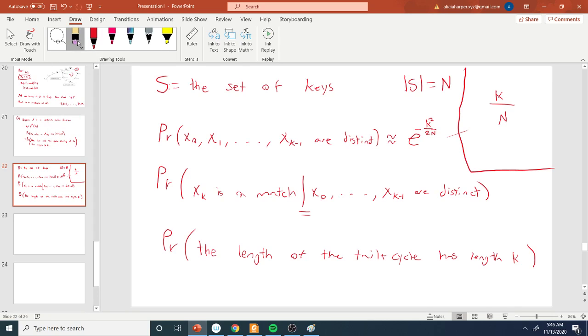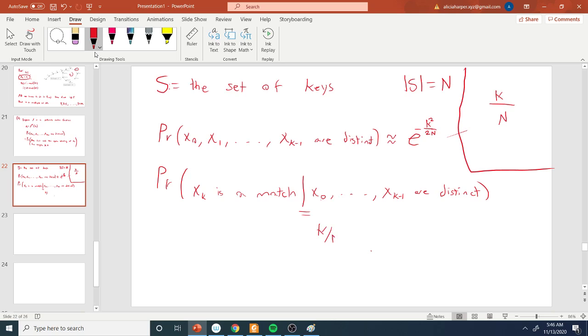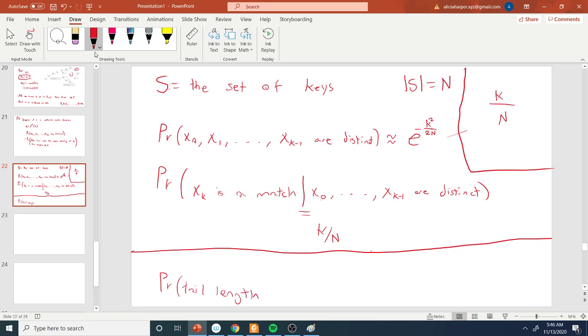So from this, we're able to conclude that the probability that the tail plus cycle length is equal to k is going to be k over n, but also times the probability that x0, x1 through x sub k minus 1 are distinct, which is e to the negative k squared divided by 2 times n.